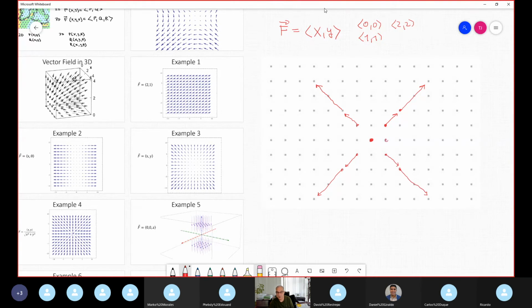Suppose another point here to understand. This is the point (1, 0), no? So x is 1, y is 0. The vector field looks like that. This point looks like that. This point looks like that. This point looks like that.